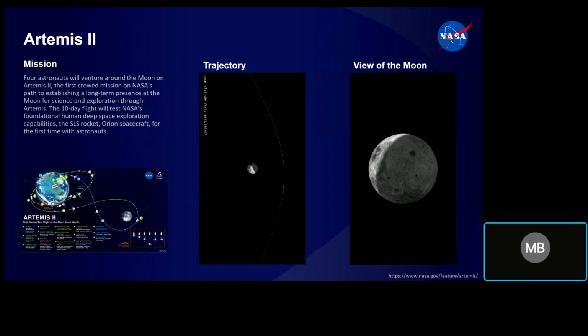So what you're seeing here on the trajectory and the view of the moon piece here, hopefully they're synced up pretty well, is the flyby that will be performed that you can see on the bottom left-hand side. Of course, what I'll say is the mileage may vary depending upon the launch day that we go on.